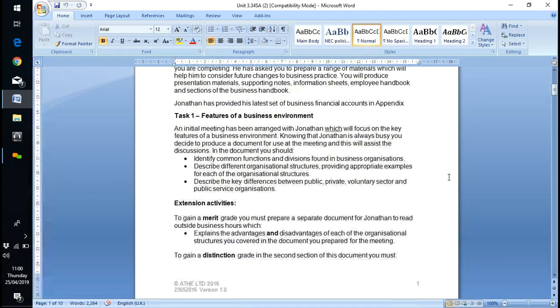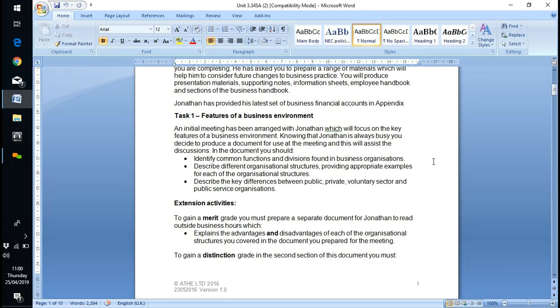What I want you to do as soon as possible now is to work on task 1. Look at the main activities first, and we'll look at the extension activities next week. If you can produce some work in between times, send it through in the normal way to learn a work. I'll pick that up and give you some feedback.